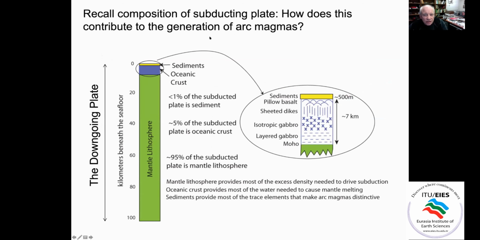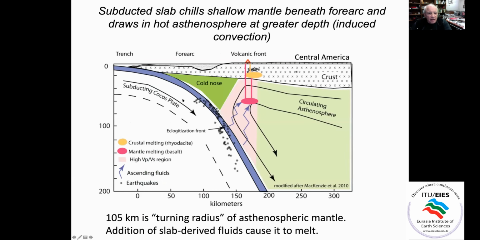So how does this material contribute to the generation of arc magmas? Let's concentrate on the part that's actually providing water and trace elements, not the mantle lithosphere. And what we see here is the Central American system, Pacific Cocos plate coming in, seismicity telling us about where the subducted plate is, the forearc and the volcanic front.